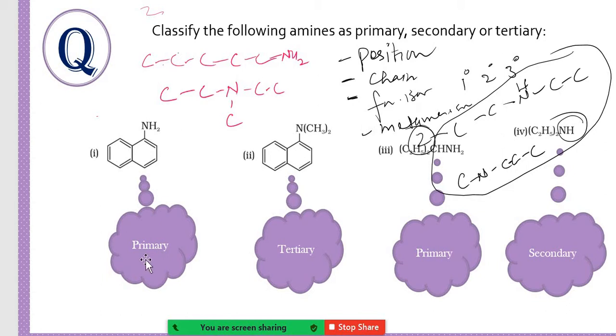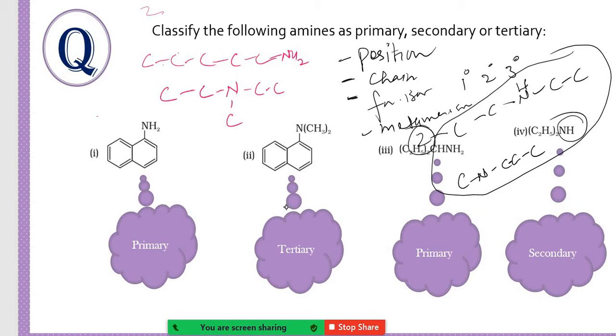So you know what isomers are: they have the same molecular formula but different structural formulas, since they are structural isomers. So primary, secondary, and tertiary amines we can make, that makes the functional isomers, and it also shows metamerism. What we do in metamerism is just change the carbons on both sides of the amine group.